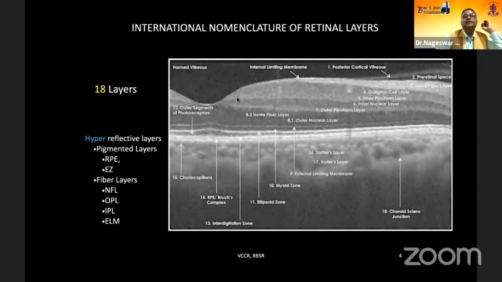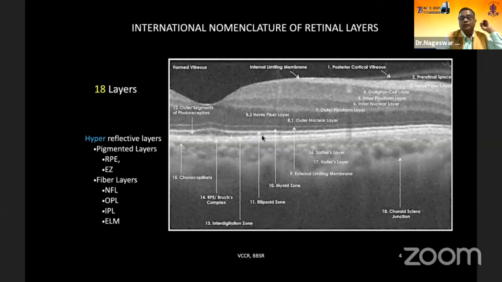In 2014, the panel of experts clarified the outer retinal layers. Earlier, we were speaking about three outer layers, that is the external limiting membrane, the photoreceptor layer, and the retinal pigment epithelium. But the panel of experts clarified that the photoreceptor layer is actually two practically.